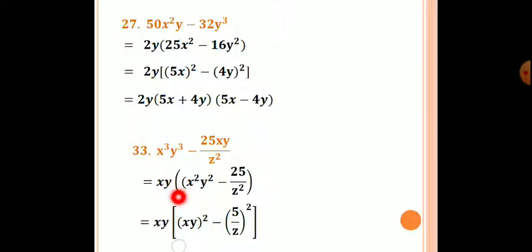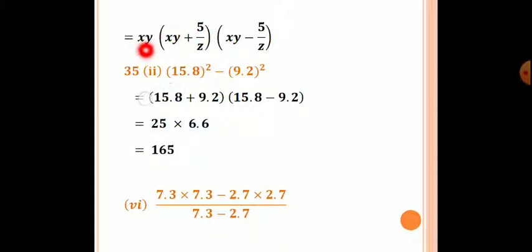Again, in the next step, xy common, we can write it as xy whole square minus 5 by z whole square. So now it is in the form of a square minus b square. So let us put it into the formula, that is xy into xy plus 5 by z into xy minus 5 by z.